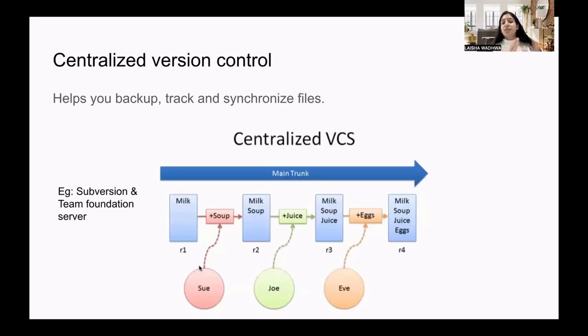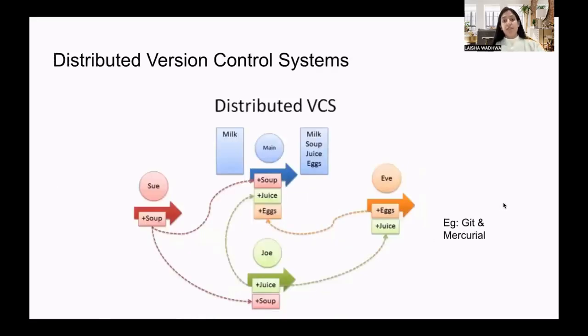We are trying to remove this centralized access, but give control to people who are collaborating on a project through another type of version control system, which is the distributed version control system. So in a distributed VCS, whoever's working on the project, the group of people, have the complete project along with its history available within their machine.